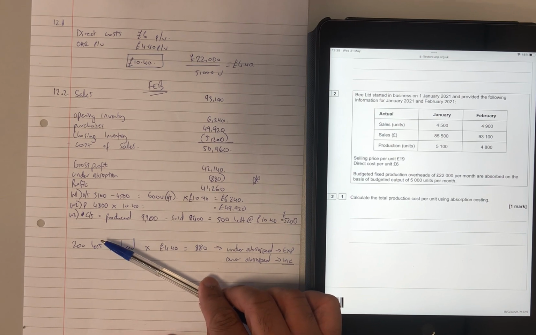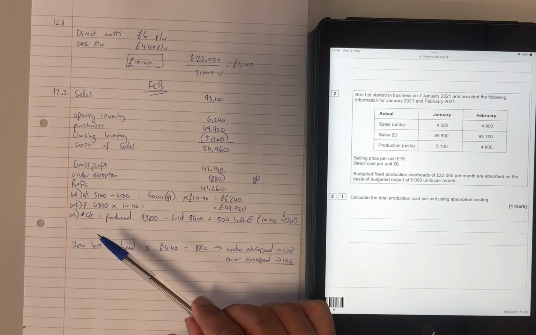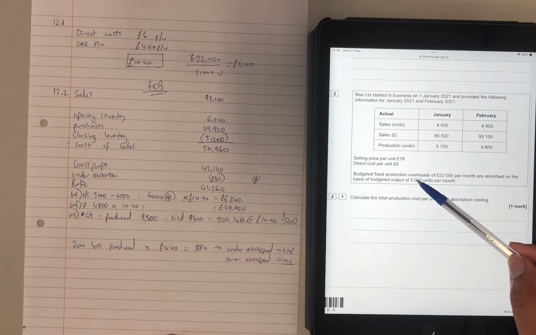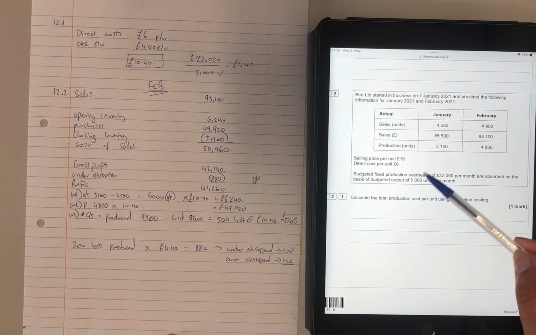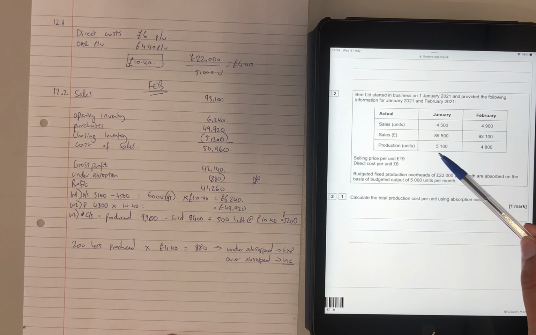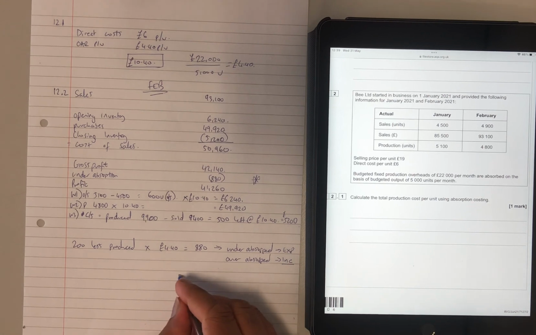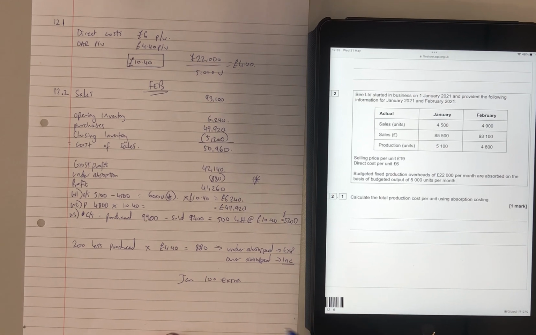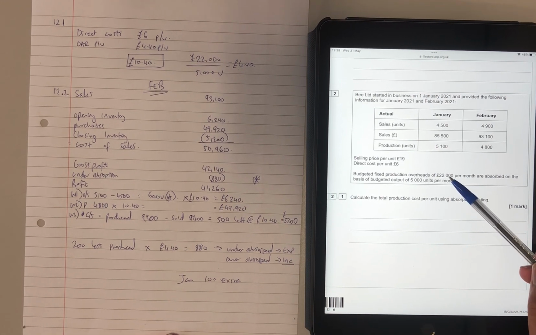However, and this is where I said the explanation will come in. Look, if you look at the month of January, we produced more than 5,000. So we made 100 extra. So for the month of January, because we made 100 extra, we would have charged... Remember, we only need to charge 22 grand worth of overheads.